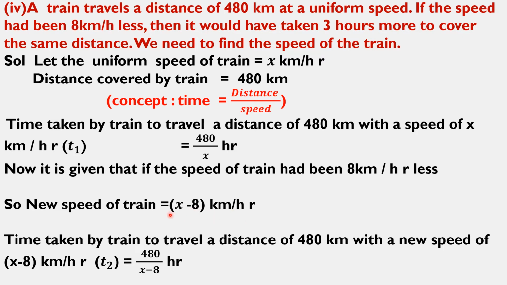In that case we have to find the time, because the train is covering the same distance of 480 km with the speed of x minus 8 km per hour. So the time taken by the train to travel a distance of 480 km with the new speed of x minus 8 km per hour, we denote it by t2, is equal to 480 upon x minus 8 hours.